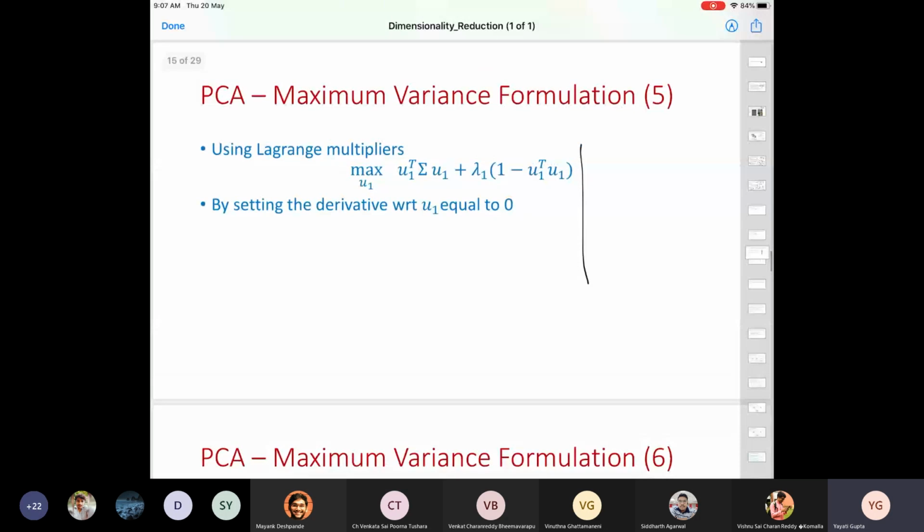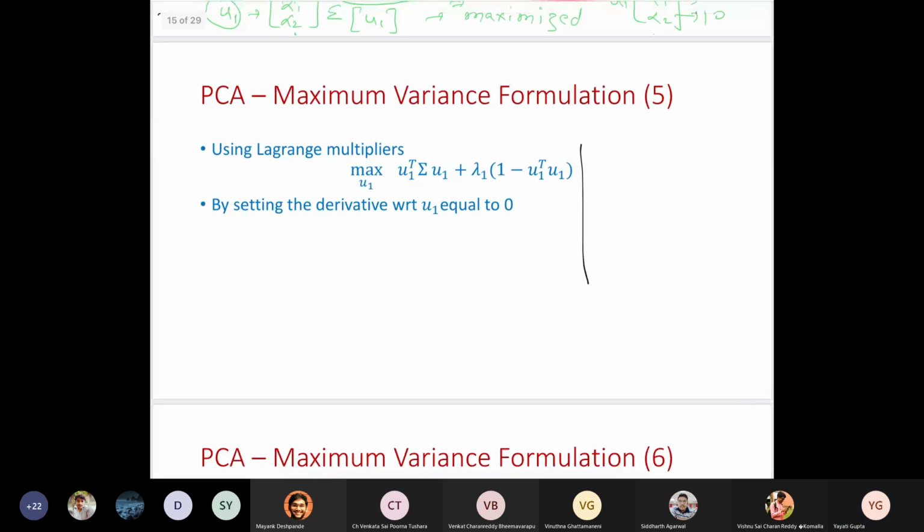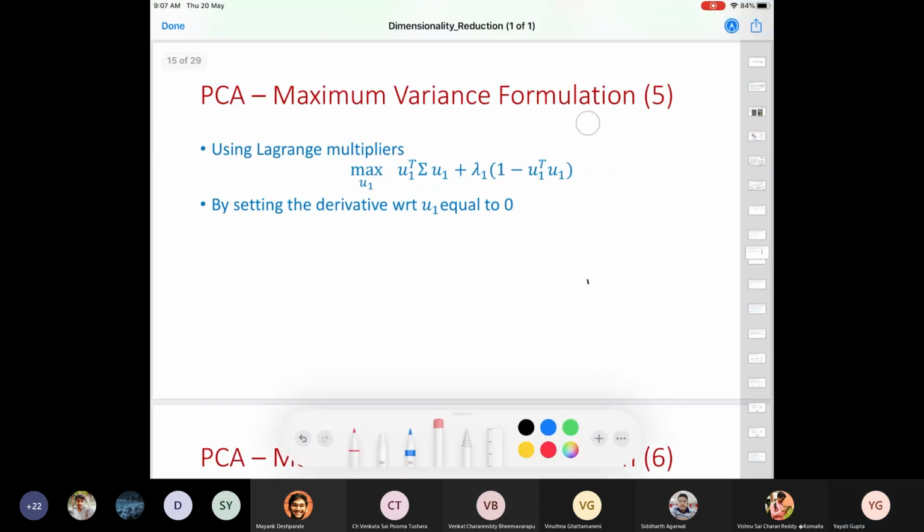Now I hope you remember Lagrange multipliers. I asked you to study them. So let me call this equation fx.